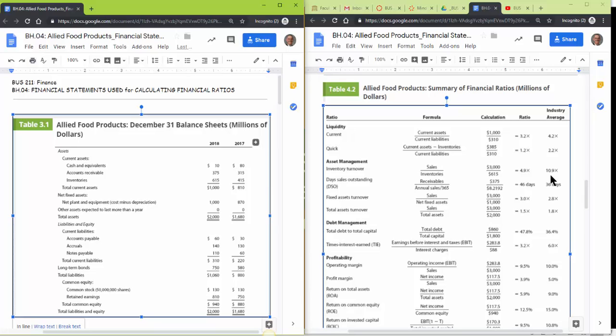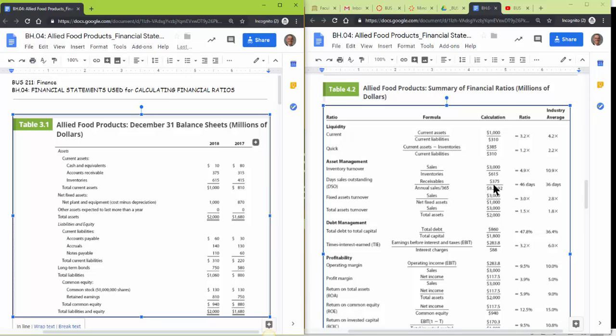Now let's look at the second part of the sales cycle, and that's collecting the cash after the sale, and that's measured with the days sales outstanding. The numerator of the ratio is the company's accounts receivable. The denominator of the ratio, annual sales divided by 365 days per year, produces the sales per day.